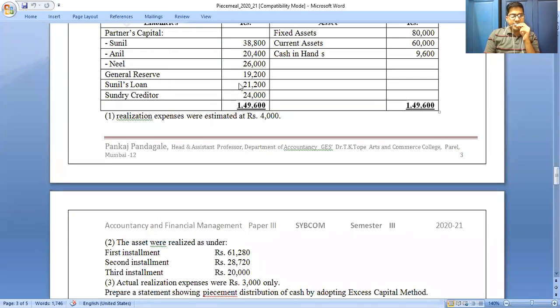Then after that we have to pay the partner's loan, and the rest of the value we will pay to all partners as per their profit sharing ratio.